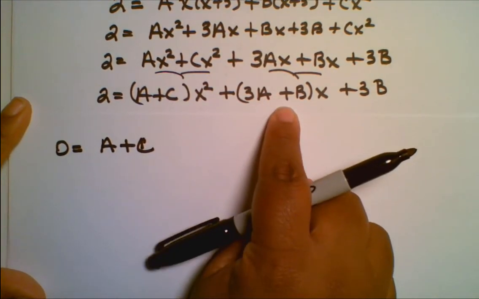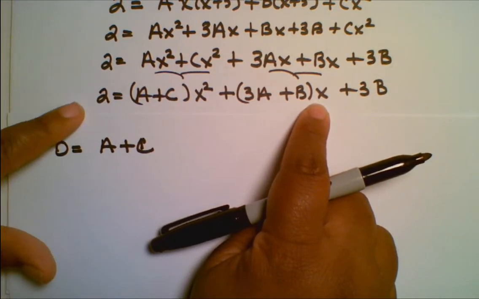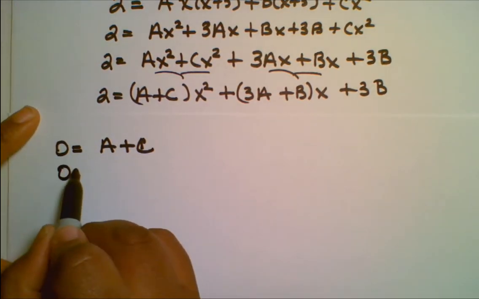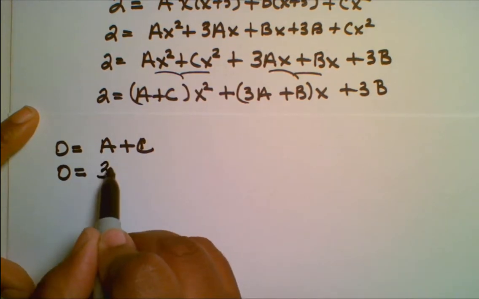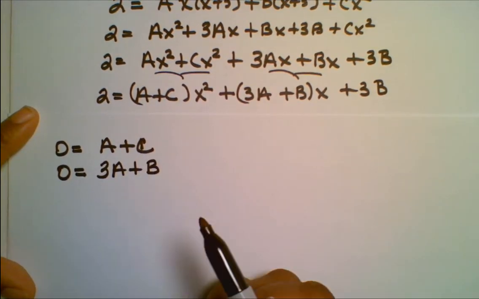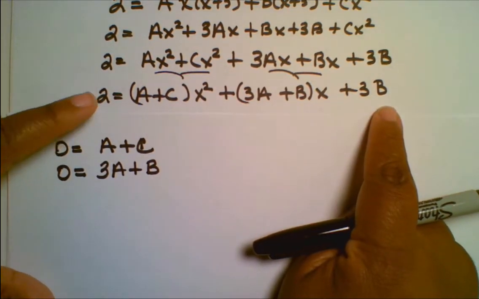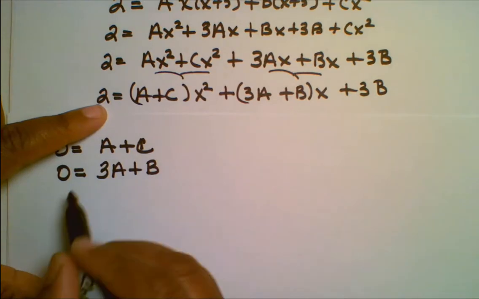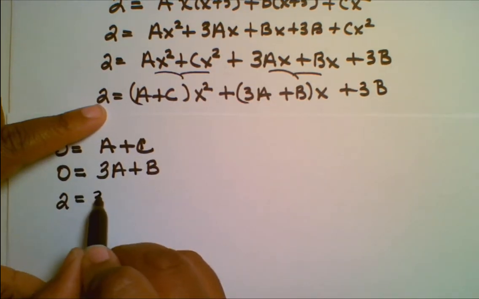Our second equation will represent the x term. Do we have an x term on the left hand side? No. So 0 is equal to 3a plus b. And lastly, our last line will represent our constant terms. We do have a constant term of 2 on the left-hand side. So 2 is equal to 3b.